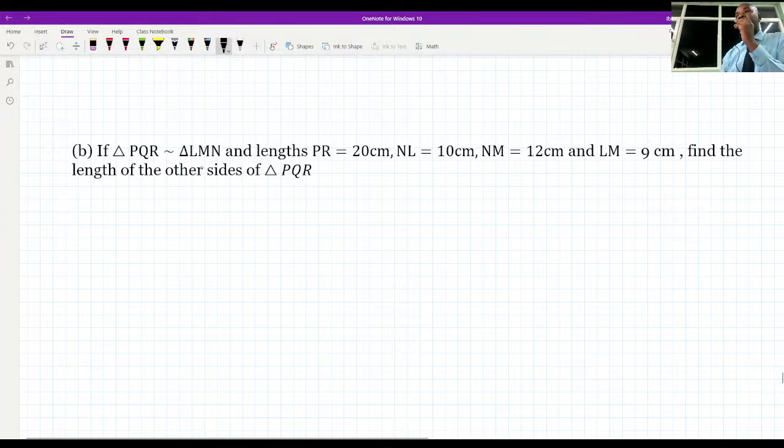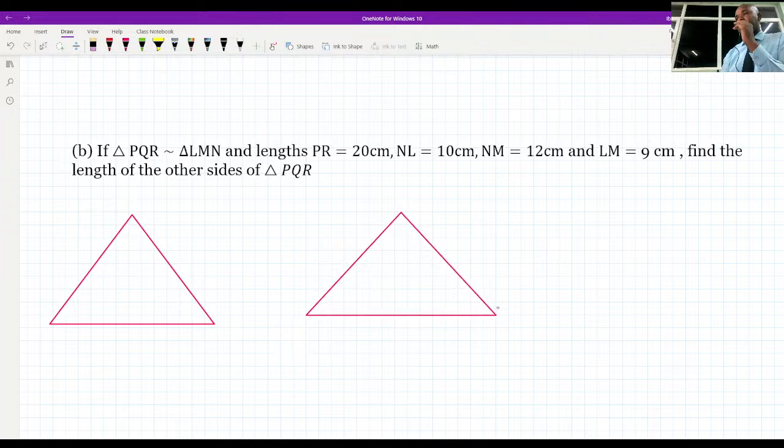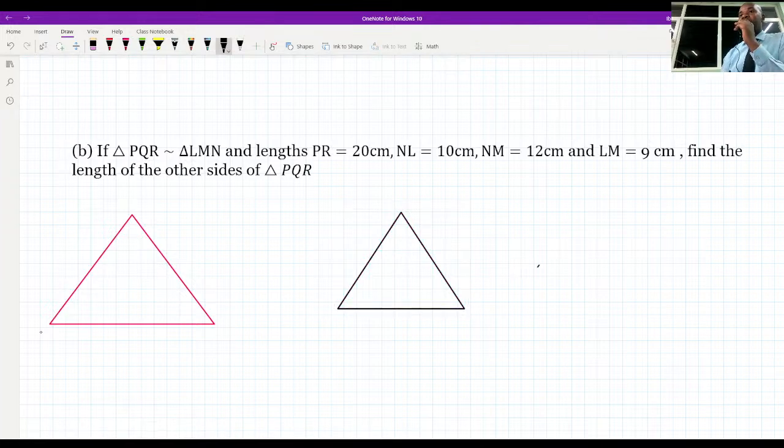In triangle PQR, if triangle PQR is similar to triangle LMN, so we are going to use two triangles here. So this is the first triangle, and we are going to have the second triangle. Okay, this is our second triangle, and so this is PQR, and this is LMN.